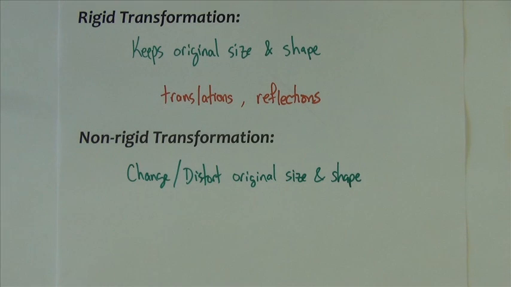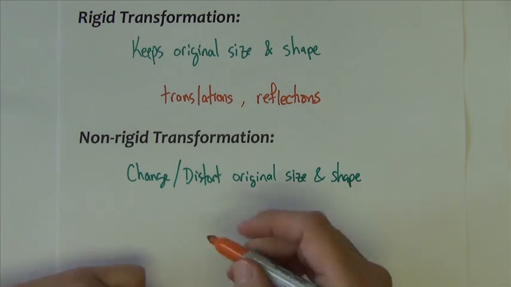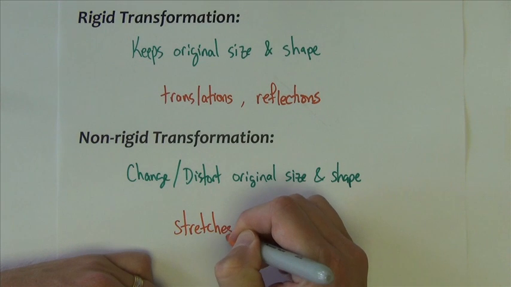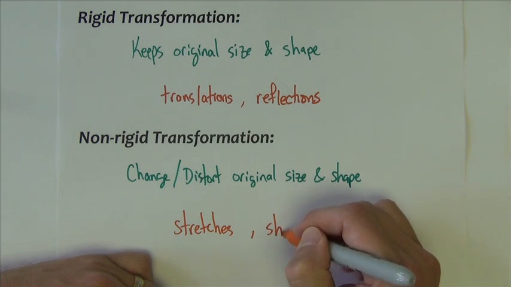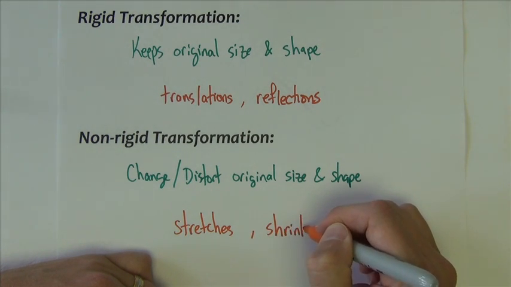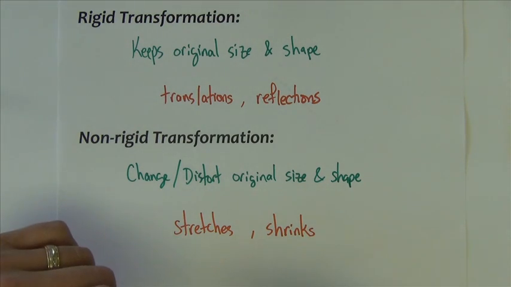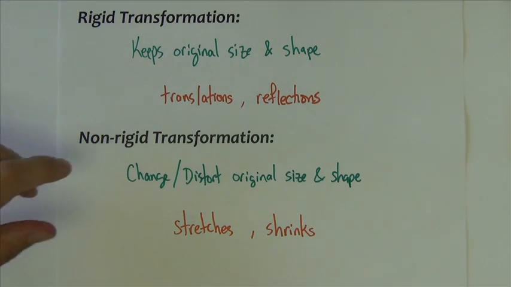Not just sometimes in a different location, but it's just going to look different. These are your stretches and shrinkings. When we stretch and shrink the graph, we're talking about non-rigid transformations.